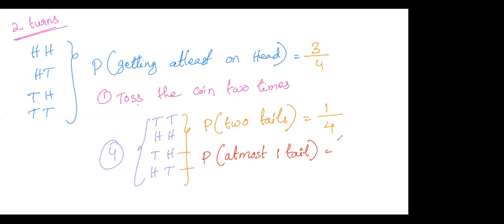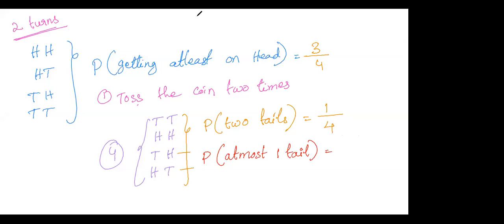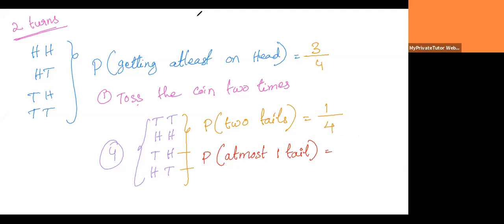We do have a TT, right? Yes. So what do you think, Anna? 3/4. Yeah. So at most one tail means the maximum.